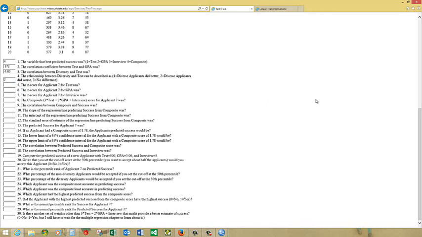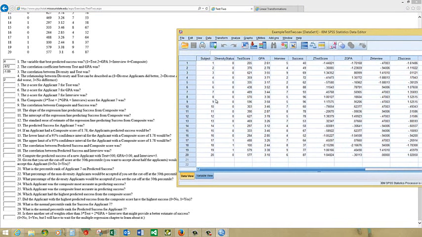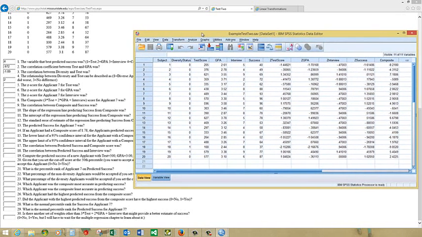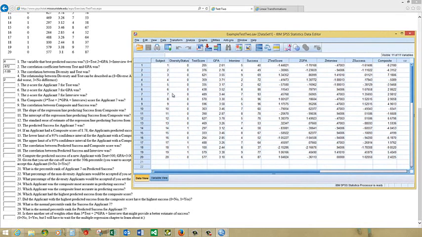The z-score for test, for applicant 7, it shouldn't be too hard to find. Now we had to put subject in there because this would be applicant 7, and when we start to sort these things, we need to have applicant 7 still here.